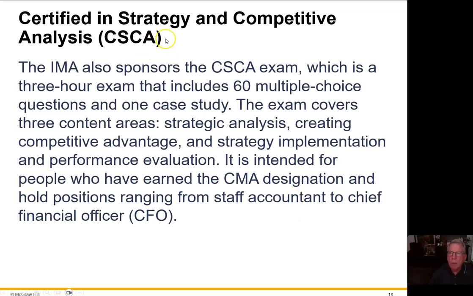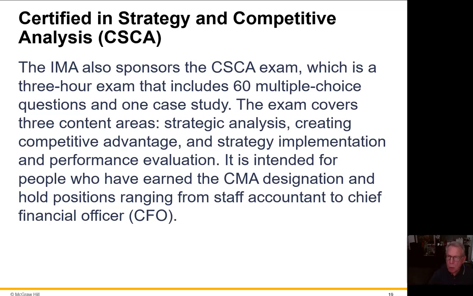Okay, now, certified in strategy and competitive analysis. This is a CSCA, and the IMA sponsors a CSCA exam, which is a 3-hour exam that includes 60 multiple choice questions and 1 case study.